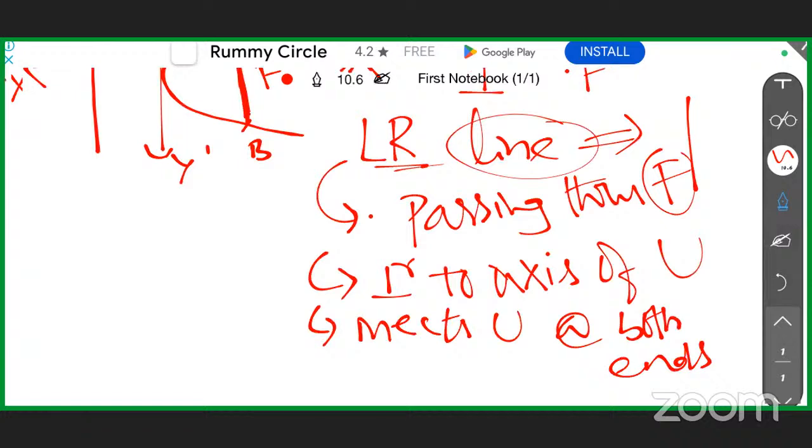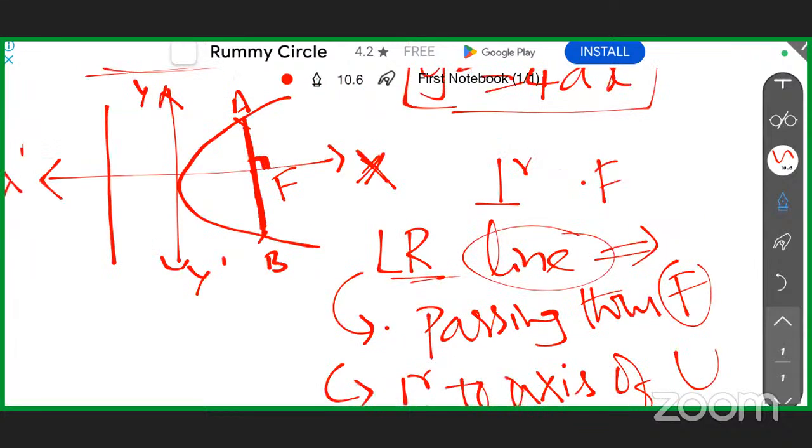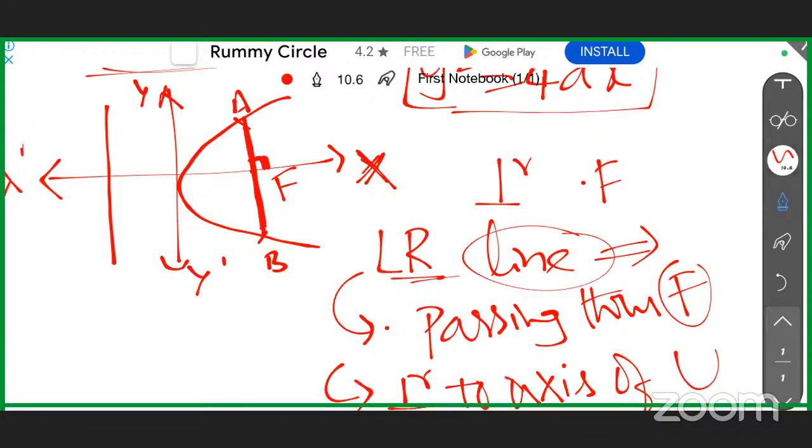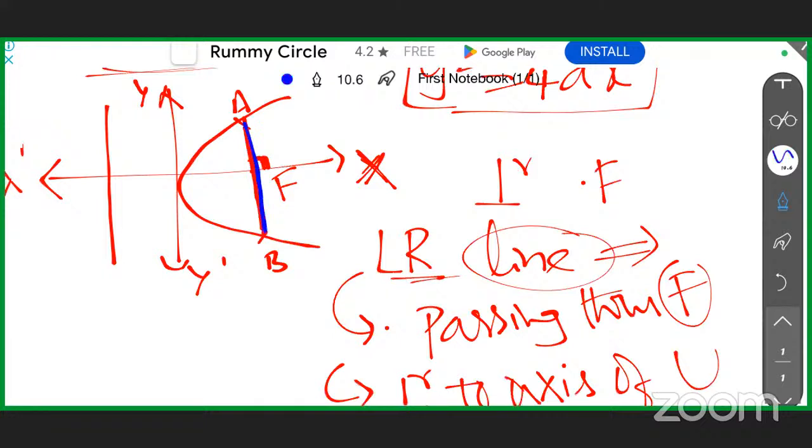Here, whatever we discussed: latus rectum is a line passing through focus. This one I'll take in a different color. So it is passing through focus here, perpendicular to my axis of parabola. This is my axis of parabola. It is perpendicular to the axis and meeting the parabola at both ends.